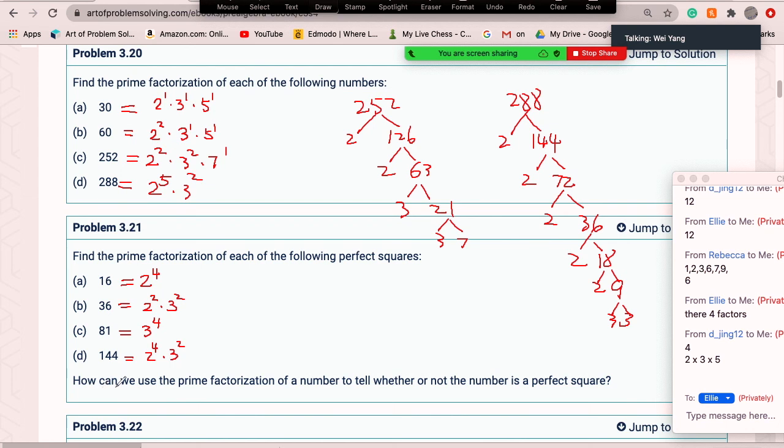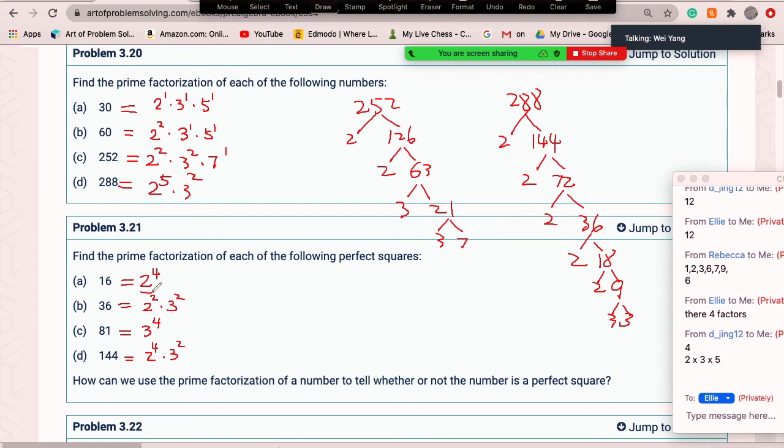Now see, how can we use the prime factorization of a number to tell whether or not the number is a perfect square number? If you have the prime factorization of this number, can you tell how to know this number is a perfect square? You just check all the factors.